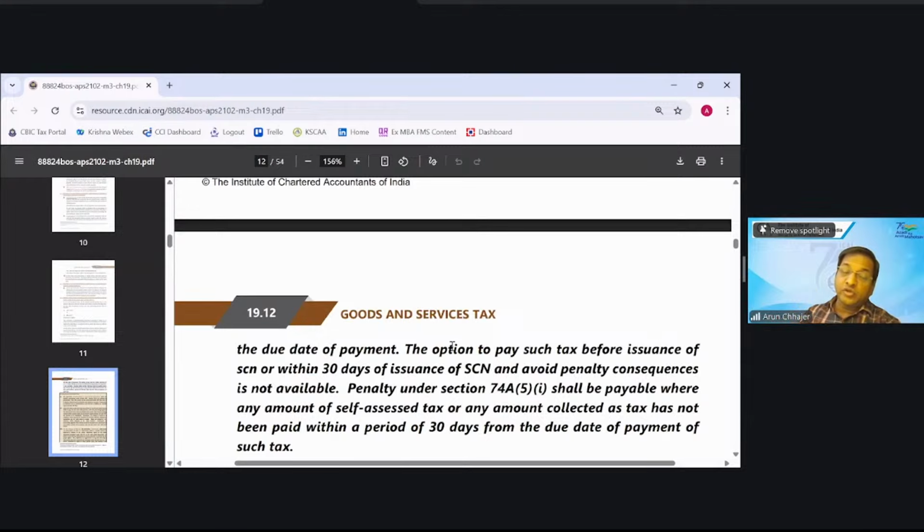So whenever it is due and if the payment is made within 30 days, then no penalty. Option to pay such tax before SCN or within 30 days of SCN and avoid penalty consequence is not available.